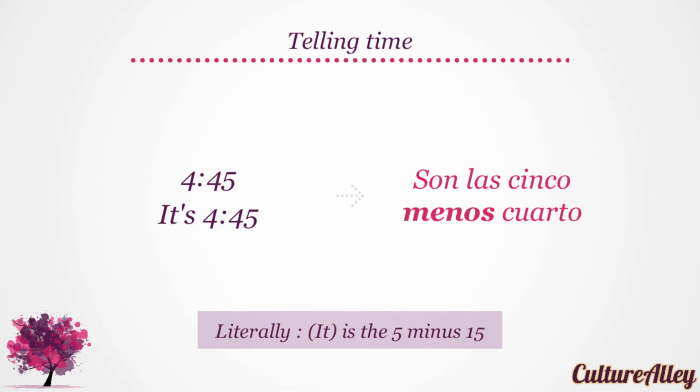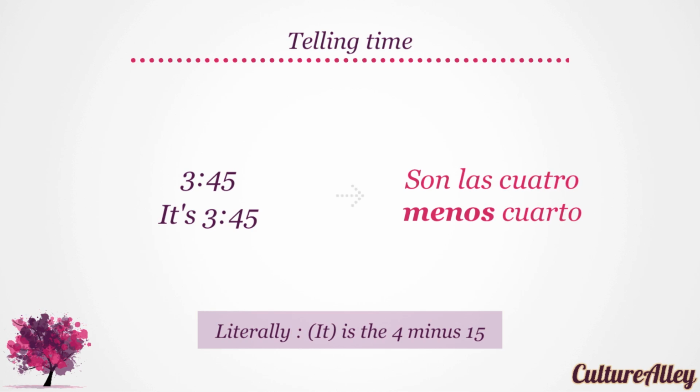It's 4:45 translates to son las 5 menos cuarto. Try saying that. Son las 5 menos cuarto. Good. Note that son las 5 menos cuarto literally means is the 5 minus 15. Let's see another one.